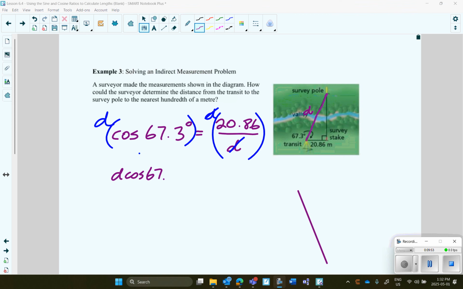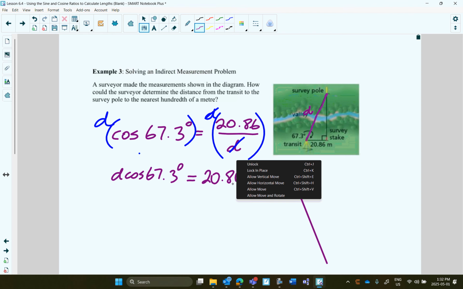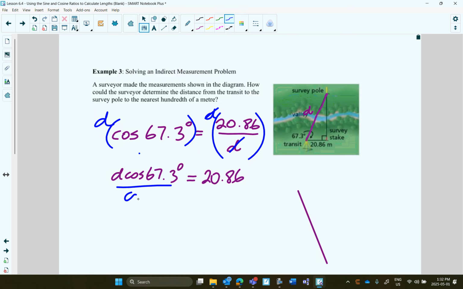Multiply both sides by D. And that gives me D cos 67.3 equals 20.86. All right. Divide by cos 67.3. And you do, in fact, yeah.